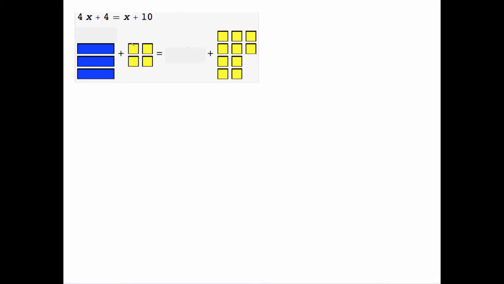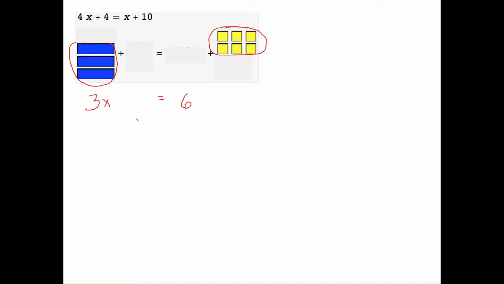Now, I can also take away 4 ones from each side, and I'll take away these 4. And now I'm left with only x's over here, 3 of them. And on the right side, I'm left with these 6 ones. And you can probably see pretty easily that this is 3x equals 6.